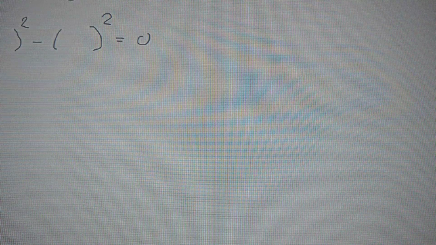Then we can say parentheses squared minus parentheses squared. Notice that it's always negative, no matter what. Whether that's negative or positive, it's always equal to 0. And we have then x, now minus here.